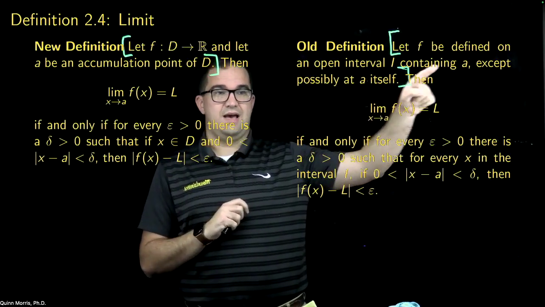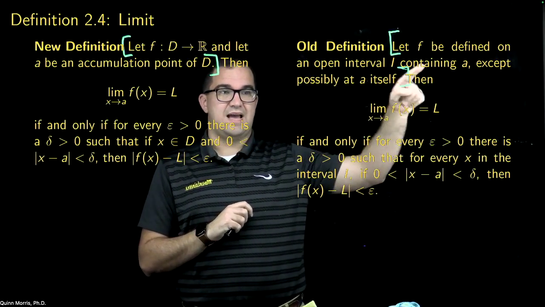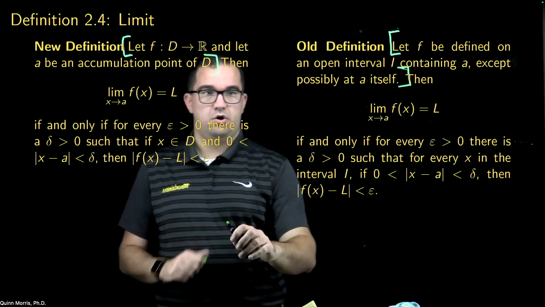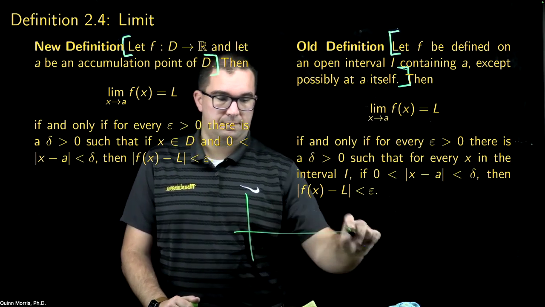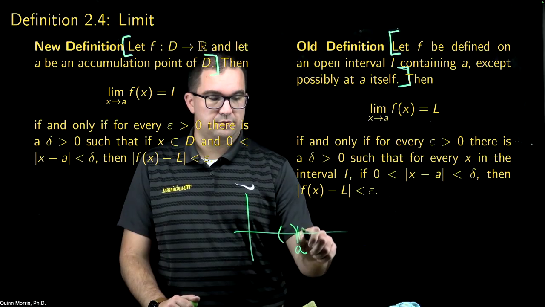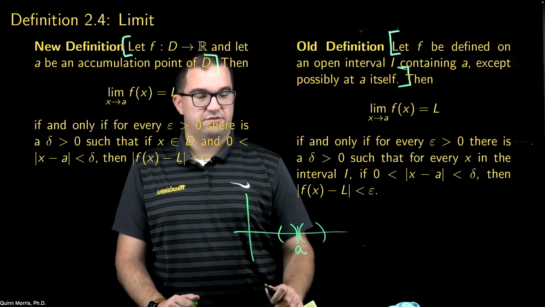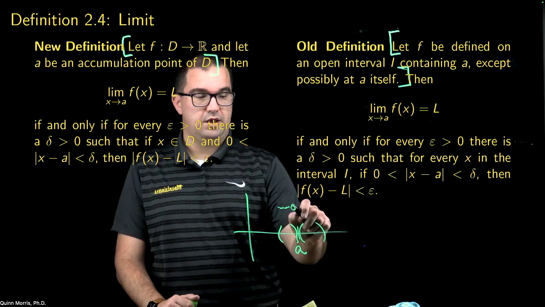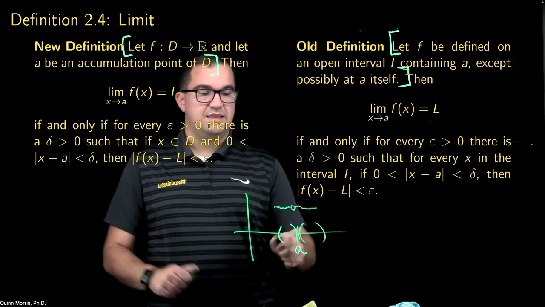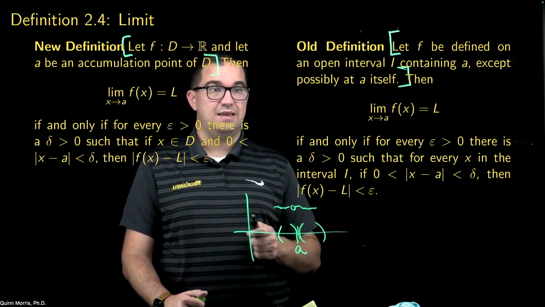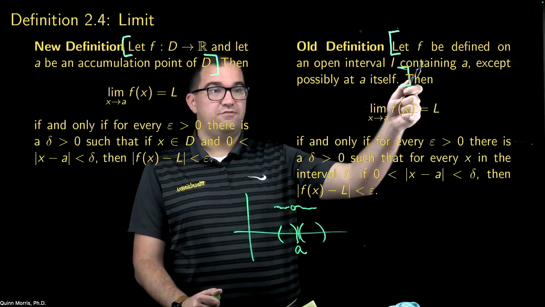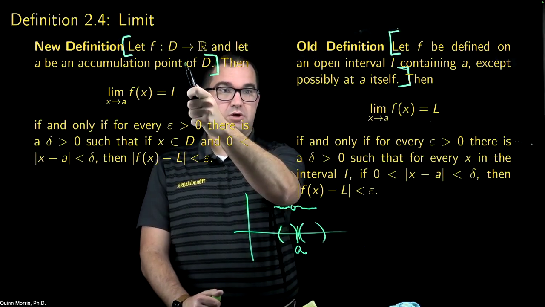If I have a function f and a point A which satisfy these properties, and I know that it is defined, and remember, we said we could modify this to even say it's defined on some deleted neighborhood of A, then A is necessarily an accumulation point of D. So any function f which satisfies this property will also satisfy this.